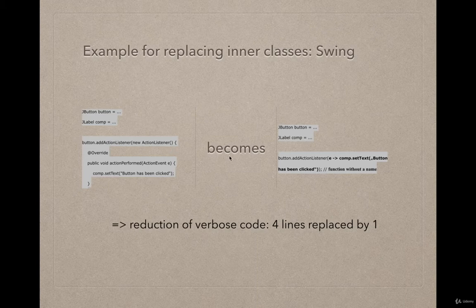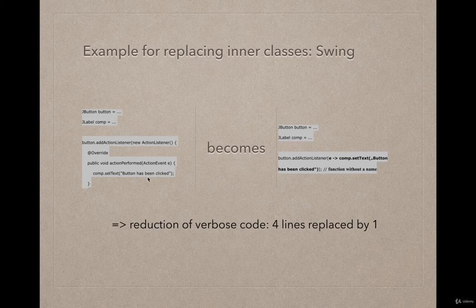Now this code becomes this. This is a lambda expression. This funny little thing here, which you probably have never seen before: e arrow comp.setText. Of course, this is also unusual if you never saw it before, but you have to admit that this is way less code than this.